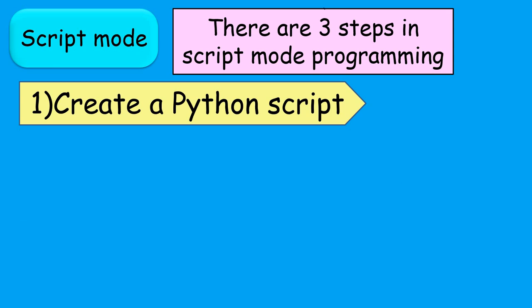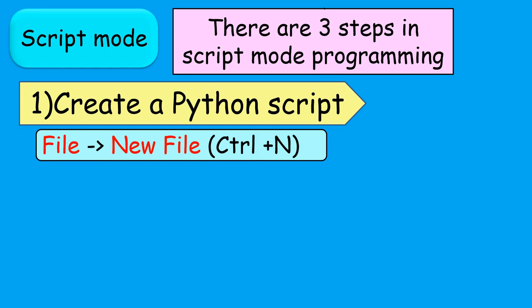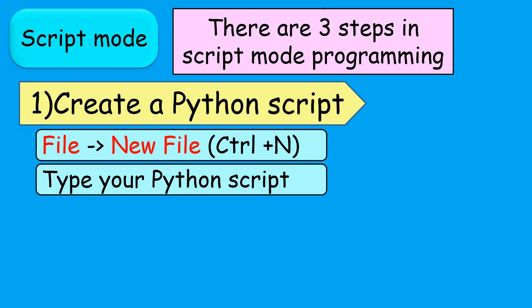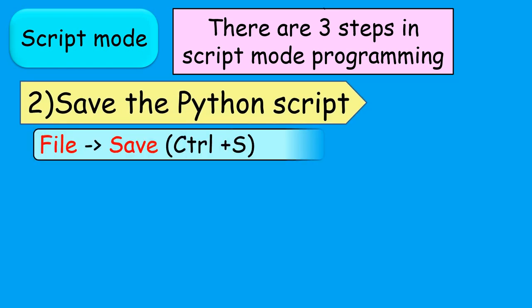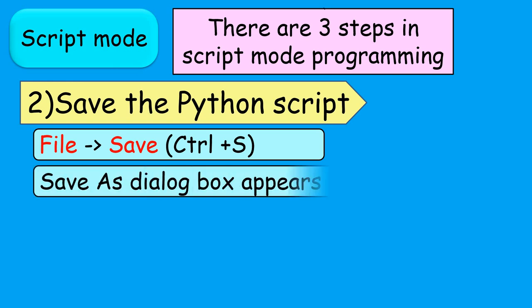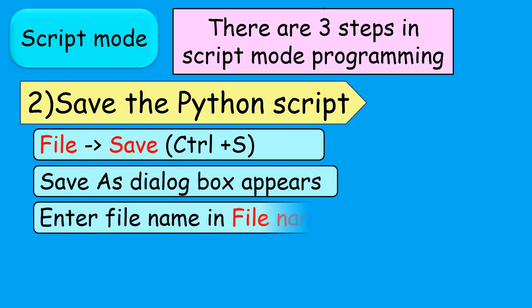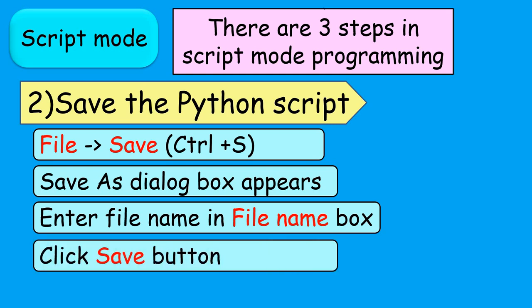In the first step, you have to follow these sub-steps. File, New File, in order to create a new script. Type your Python script, which is nothing but your Python program. In the second step, File, Save. The Save As dialog box appears. Enter the file name in the file name box and click the Save button.